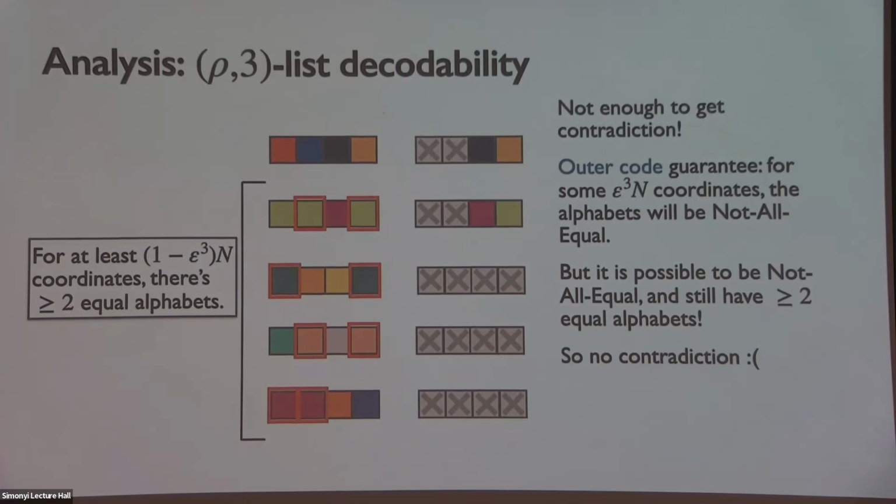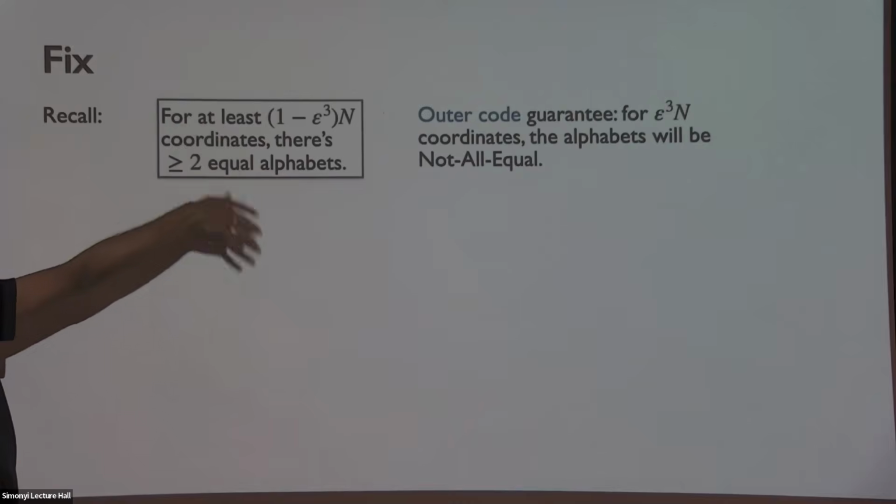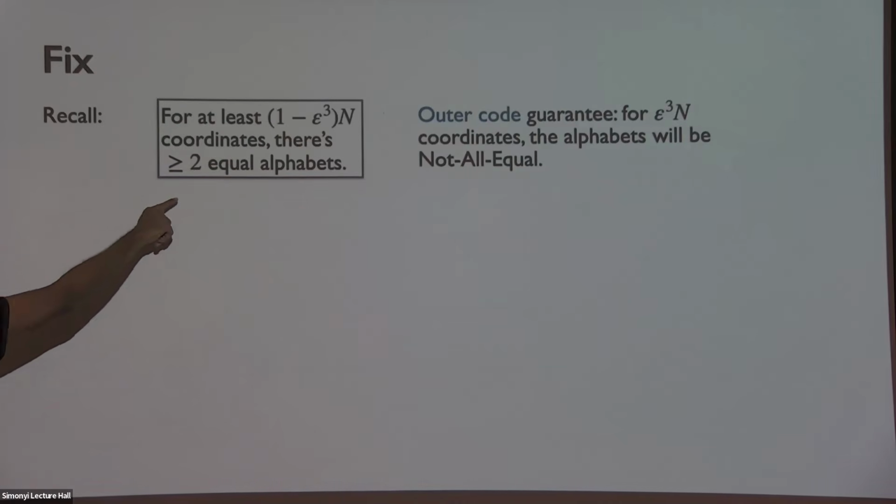We don't get a contradiction, but what we'll do is choose a stronger inner code. So let's look at what it was. Again, I've copied this from the previous slide. From the assumption of the bad final code words, we get this implication in the end. That was the outer code word guarantee.